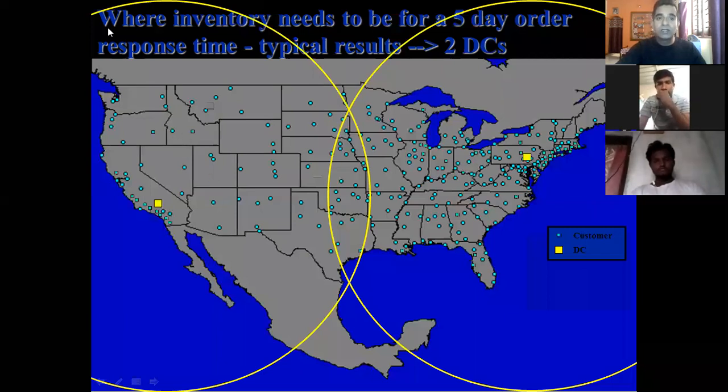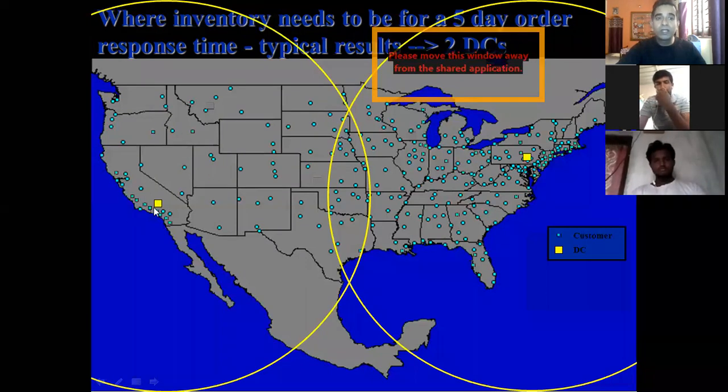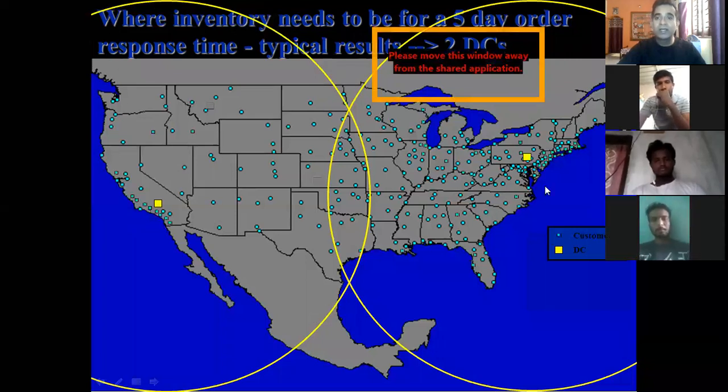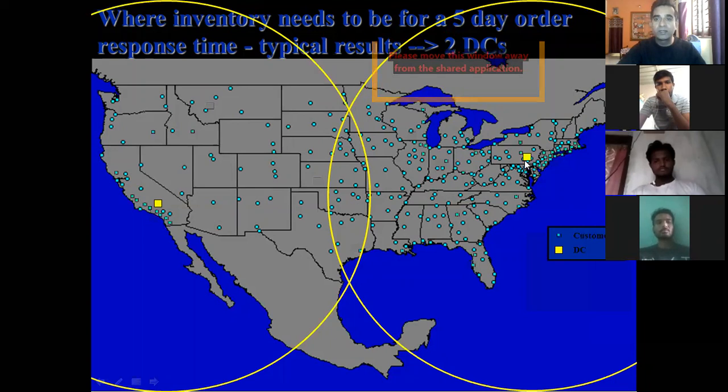The geographical market allocated to this distribution center is the west part of North America, and the market allocated to this distribution center is the east part of North America. So this way, with 2 distribution centers or warehouses, a company will be able to reduce the response time from 7 days to 5 days.